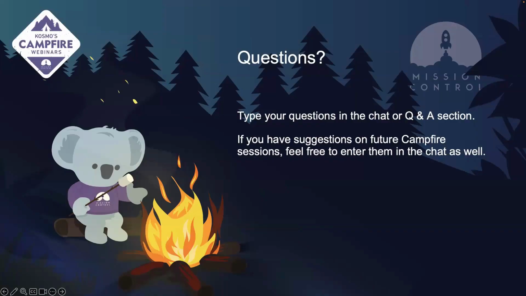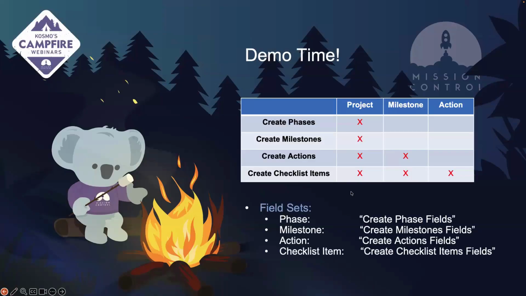You can create from the milestone itself, from that table, you see that it is accessible if you're on the milestone. The create actions, create checklist items are accessible from the milestone page. And then admins can add the create pages through the page layouts. So you can add these page features, lightning buttons to the pages through the page layouts.